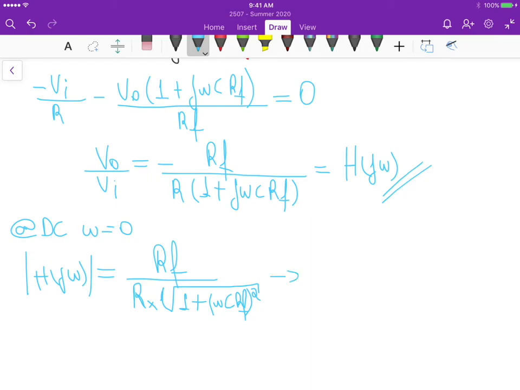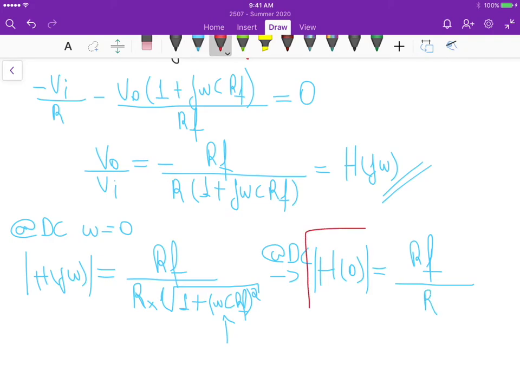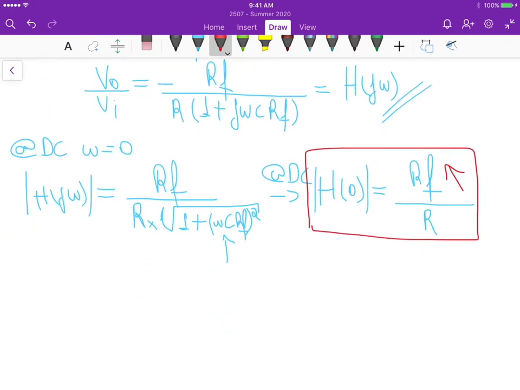But at DC, this magnitude of H at 0 is equal to RF divided by, because this term here is omega C RF, if omega equals 0, it just becomes the square root of 1, which is 1. 1 multiplied by R is just R. So with this equation here, we can calculate the value of RF, okay? Because we want a finite gain, and the finite gain is 60 dB.